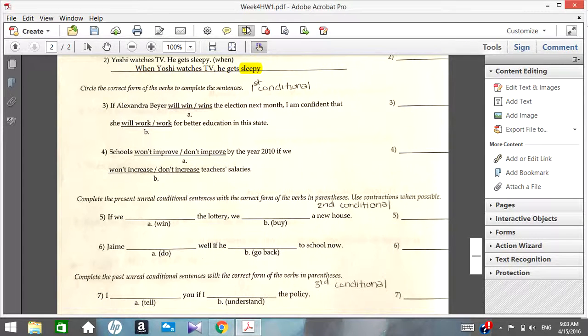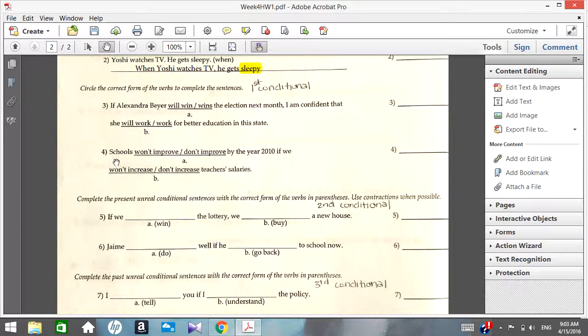It appears that my highlighter isn't working properly. But, anyway, yeah, so here it's if Alexandra Bayer wins. So circle this. The election next month, I am confident that she will work. Right? The second clause takes will.